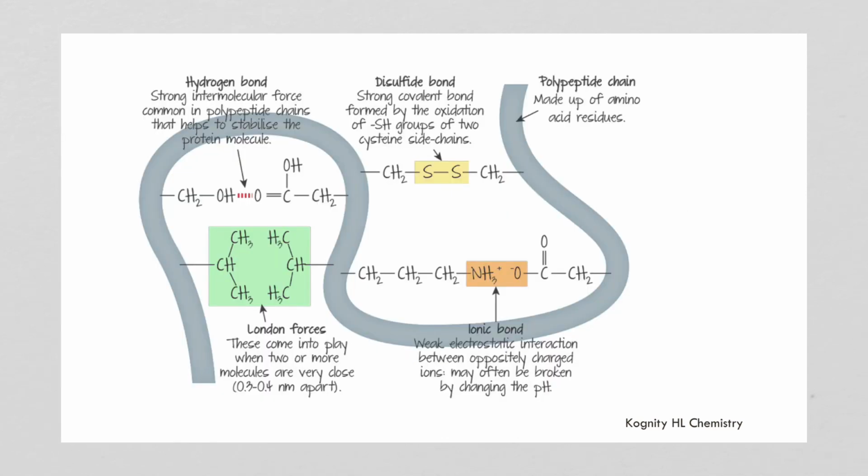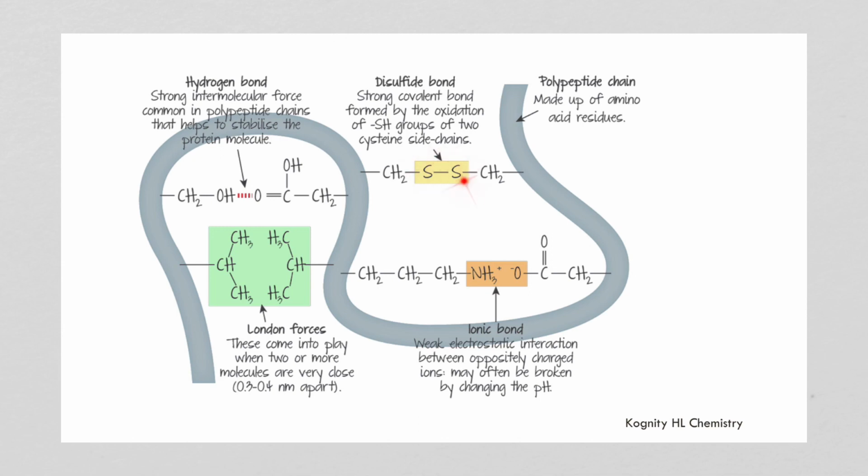You can see here some deeper structures. We can have hydrogen bonding. We can see here that the hydrogen on this one is forming a hydrogen bond with the lone pairs of electrons on this oxygen. We have London forces: these two are non-polar side chains, but they're being attracted by London forces.